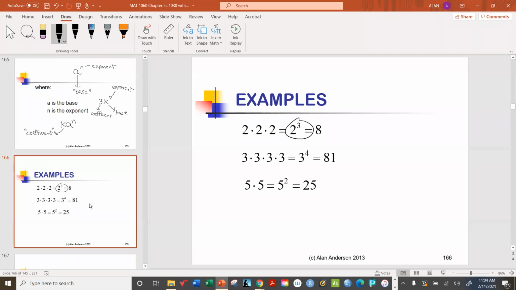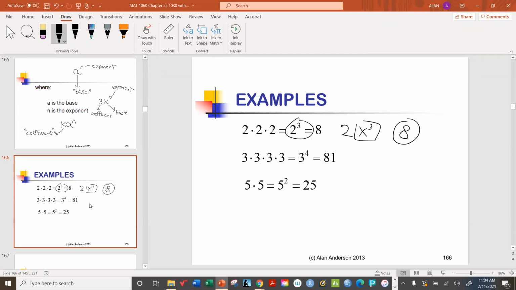For example, on this calculator there happens to be an x cubed button, which makes things a lot easier, because all you have to do is hit 2, x cubed, and you're done. So why don't you try it: 2, x cubed, and there's your 8.